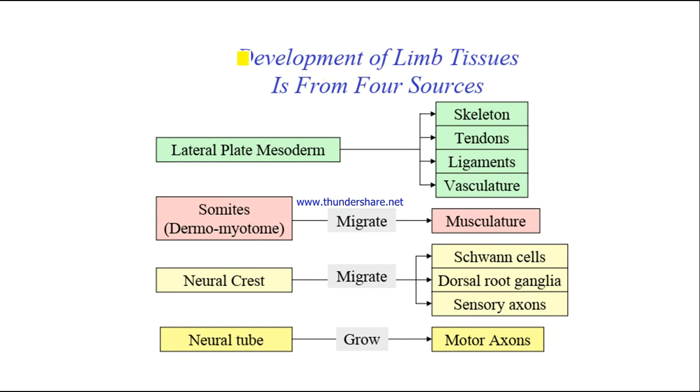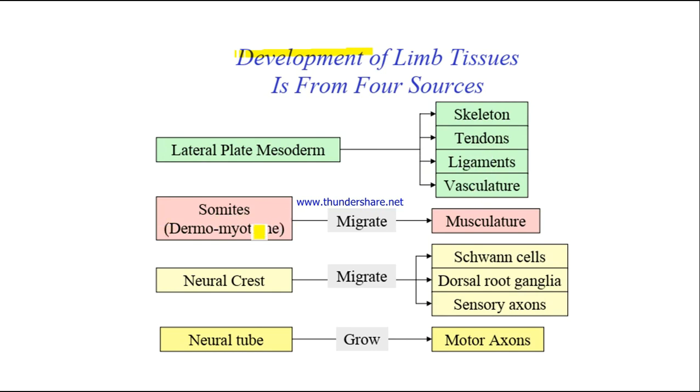This is important to note: the development of the limb tissues is going to happen from 4 major sources. We started to talk about the formation in the first video, and we talked about the basic germ layers and folding. So we've got the lateral plate mesoderm, which is going to give off the structural skeleton, tendons, the ligaments and the vasculature.